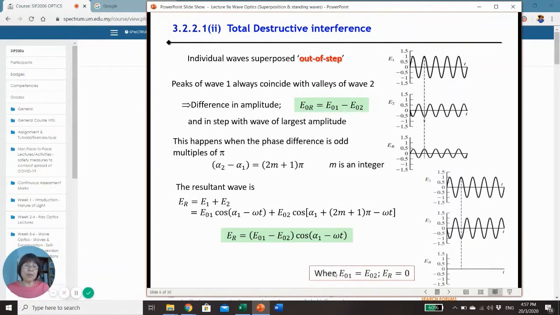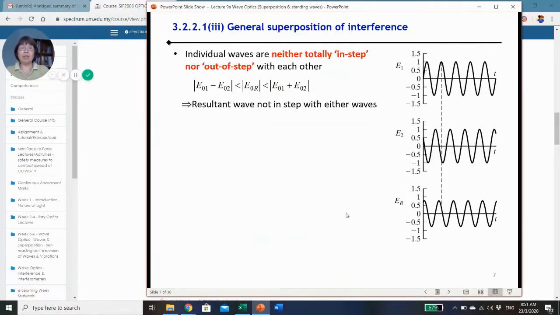Now, what happens when the amplitudes are the same? What do we have? The resultant would be totally zero. If those two waves are not in step, and if they're not totally out of step either, meaning if you look at this reference, the second wave and the first wave, the peaks do not coincide, so they are not totally in step.